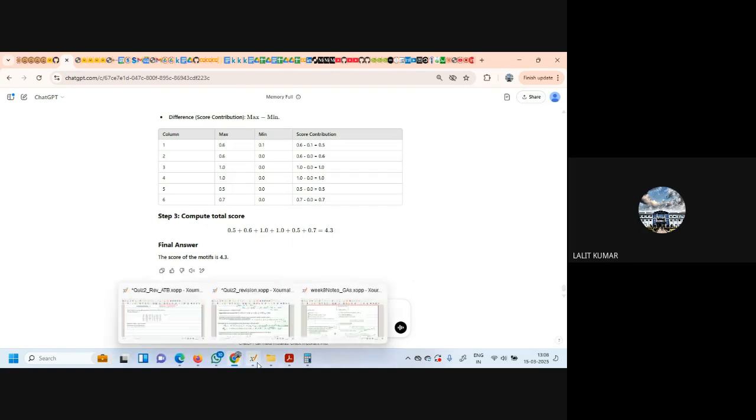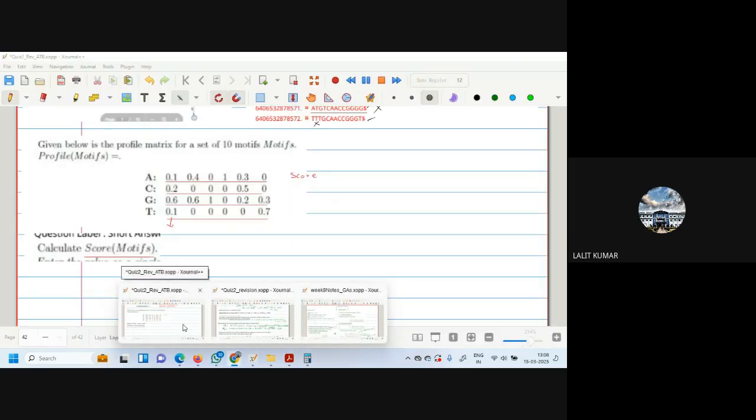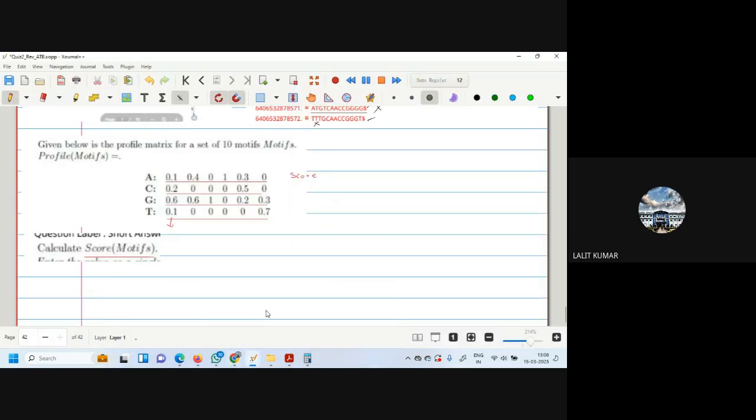Okay. So ChatGPT has not given the correct answer, but it has given one hint, I guess, which we can use. See what it has given. This is a set of motifs, 10 motifs. It means the first one which is coming here, this is 1 by 10. It means A is 1 here, C is 2, G is 6, and T is 1.